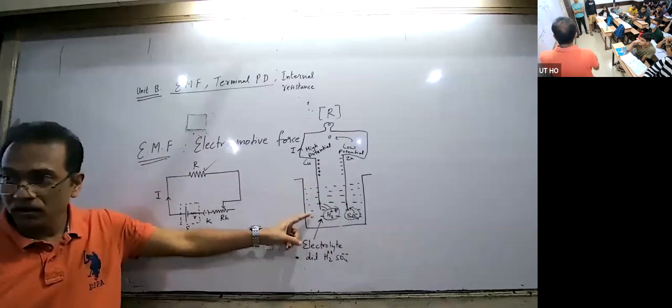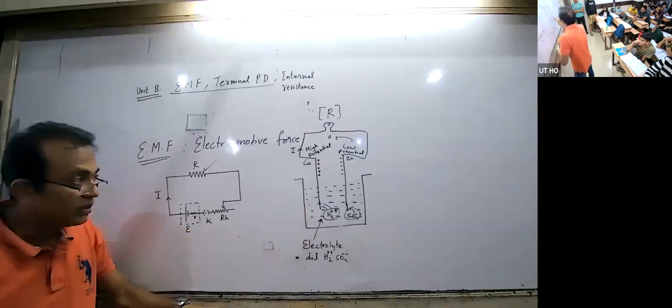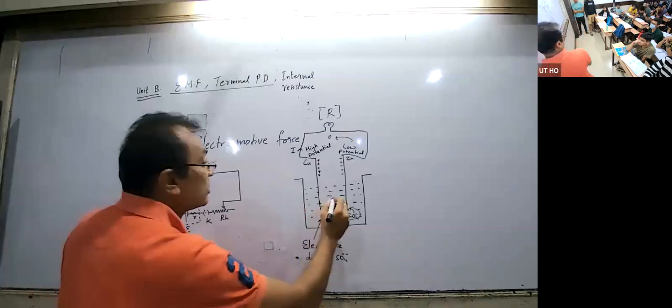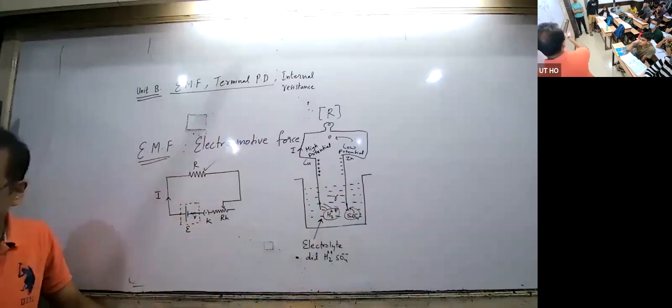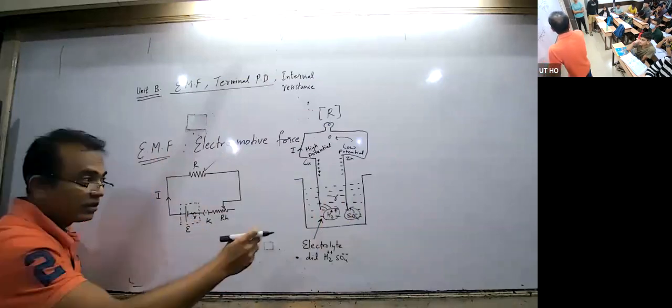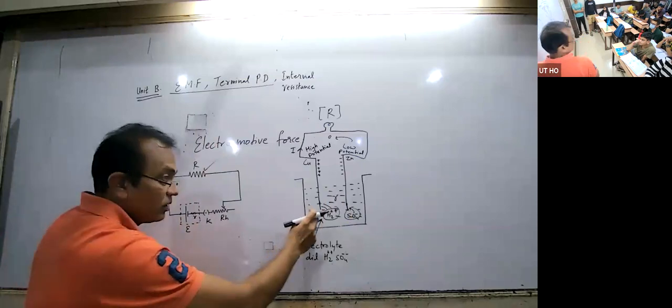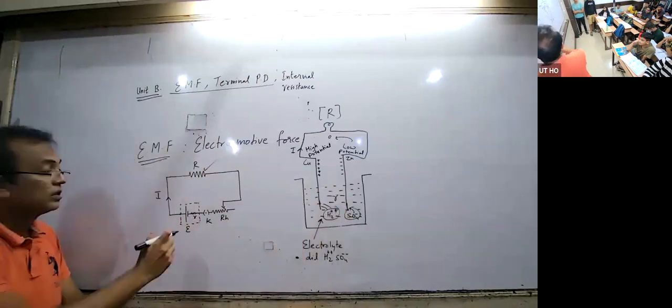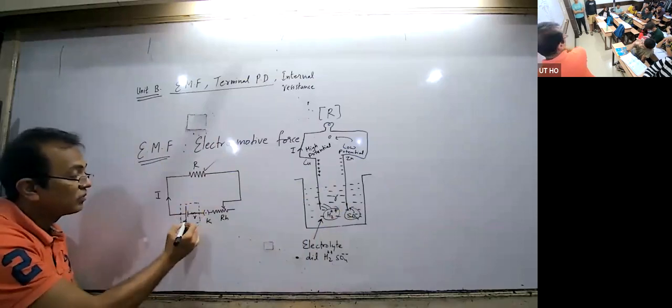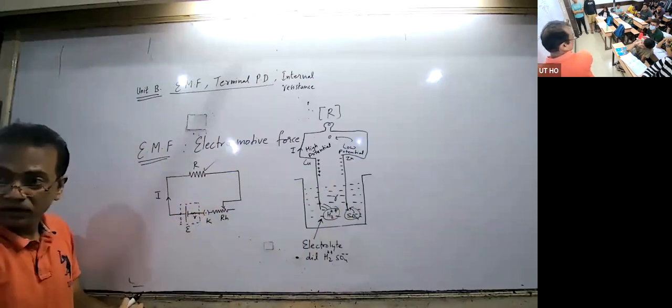That is the internal resistance of the cell, depicted as small r. Got it? So what is internal resistance? It is the resistance of the substance of the electrolyte. So this is shown along with the cell. Is it clear? Yes, sir.